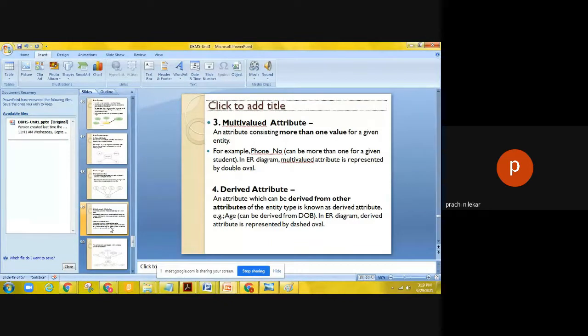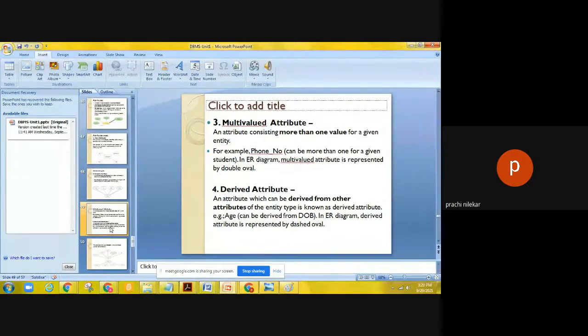If there is an attribute age in the table of students, as the years go by, the age will keep changing. But how can we get the exact value of the age? From the date of birth. Yes, it's so simple. That means age is an attribute which is totally dependent on the date of birth of the student. So it is a derived attribute.